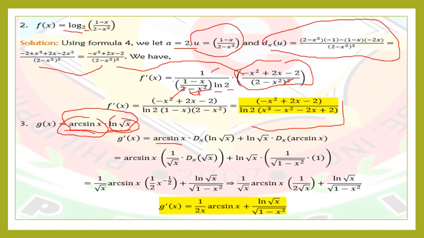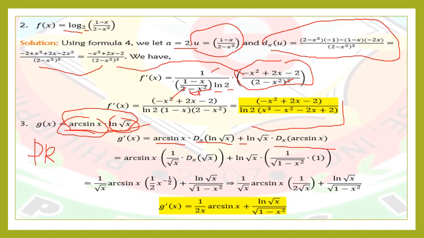So, first is arc sine x times derivative ni ln of square root of x plus, product rule ha, take note, product rule. Okay, plus second times yung derivative ni arc sine x.